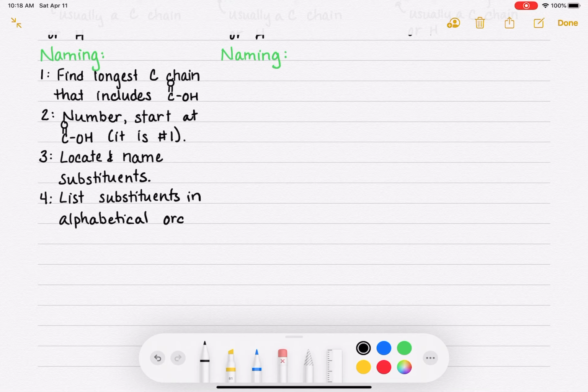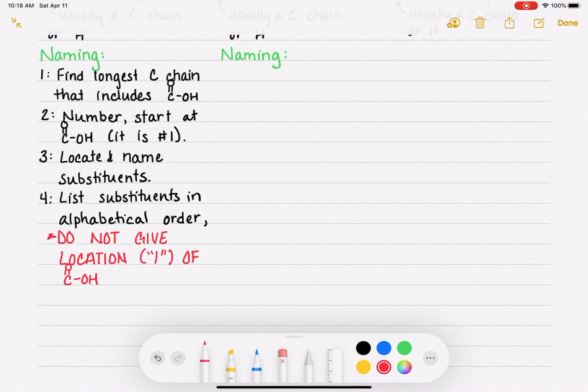Once we get all the substituents listed, we then move on to naming the parent chain. When we do this, we do not give the location, which is a 1 always. Do not give the location of the carboxylic acid group. Name the parent chain, the longest carbon chain.